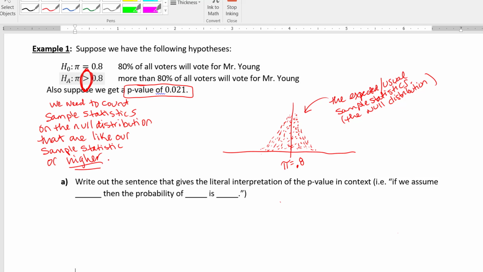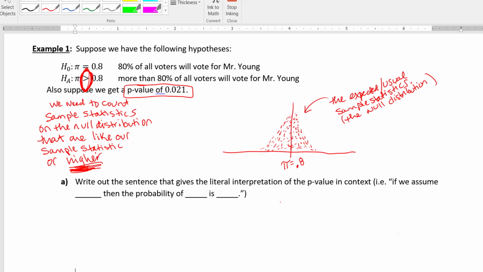I say that we count those like ours or higher because the definition of p-value reads that we assume the null hypothesis is true and then find the probability of getting a sample statistic like ours or more extreme. And that means more extreme in the direction of the alternative hypothesis. Our alternative hypothesis is greater than, so we're going to count sample statistics like ours or higher.